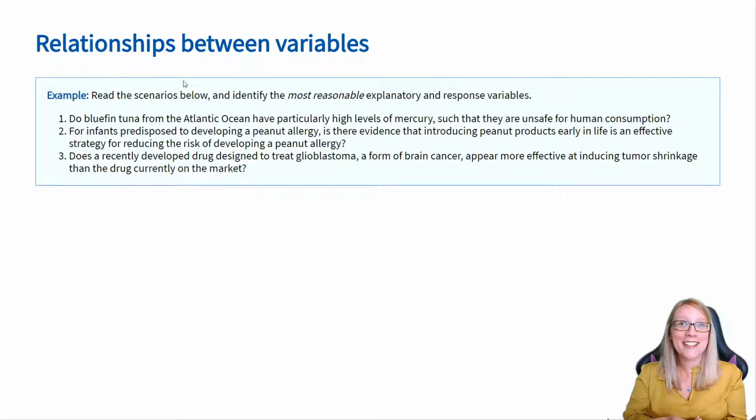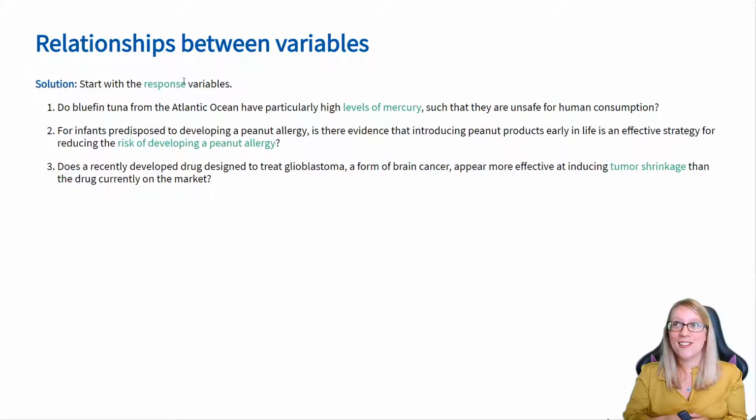All right, so let's take a look at these 3 scenarios. Scenario 1, do bluefin tuna from the Atlantic Ocean have particularly high levels of mercury, so much so that they're unsafe for consumption? We're primarily interested in the levels of mercury, so that's our response variable. Scenario 2, for infants predisposed to developing a peanut allergy, is there evidence that introducing peanut proteins early in life is an effective strategy for reducing that risk?